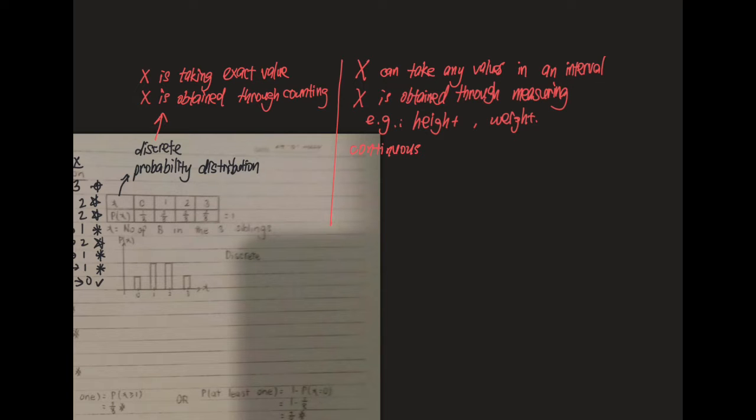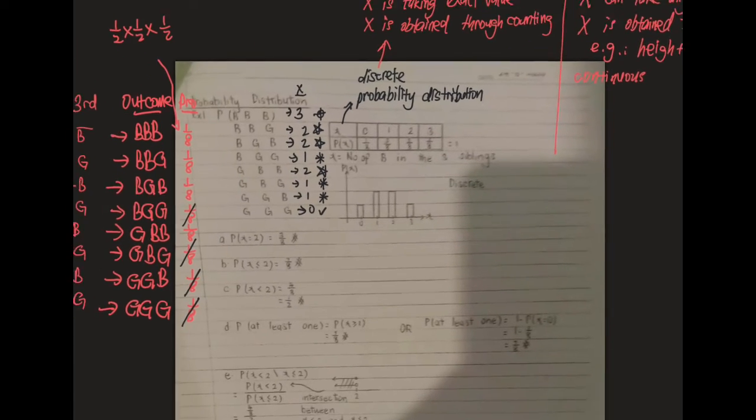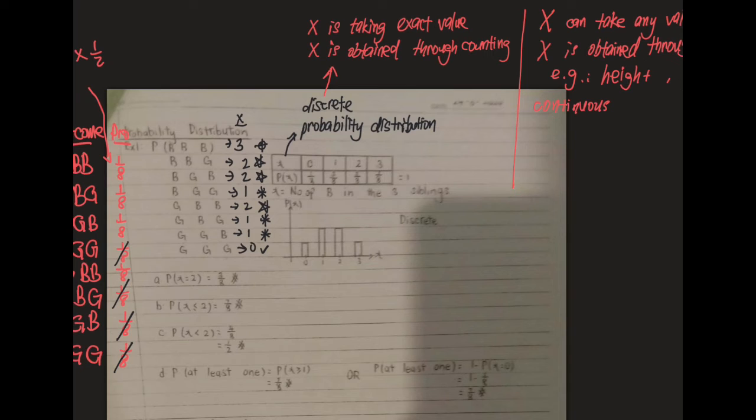Okay, now let's continue first. Discrete, which can take exact values only. At the end, if you see this graph, you see the discrete is written here. You will have values at the integer values. I mean, you have probabilities at the integer values. For example, when x is 0, the probability is 1/8.